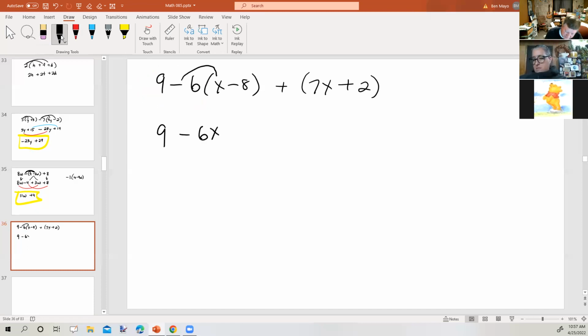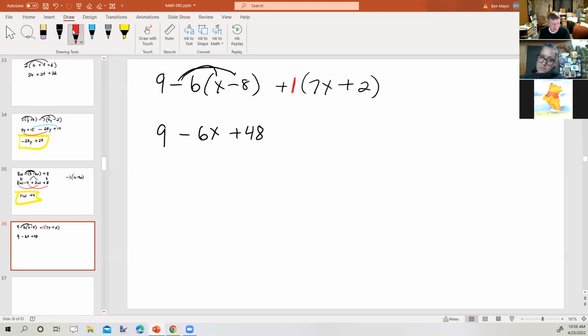minus 6x minus 6 times minus 8 is plus 48. Then having a plus sign in front of a parentheses, it's like having a plus 1 implied.